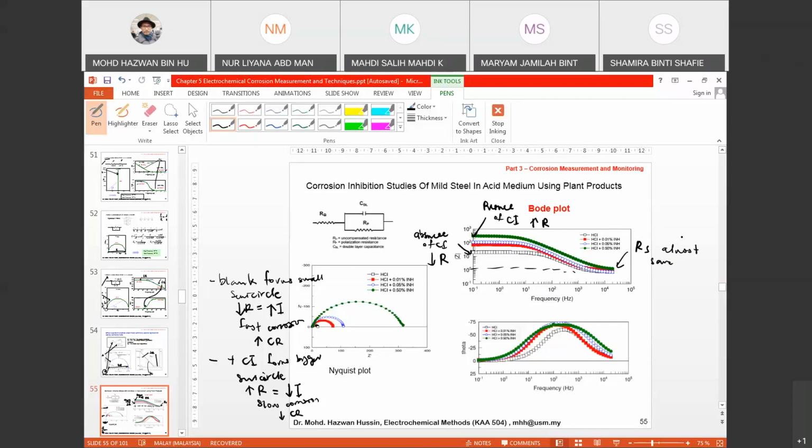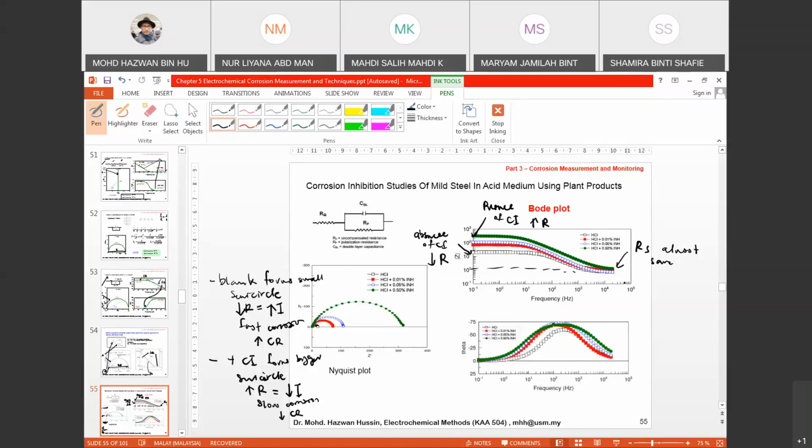For any system, if you use the same electrolyte, for example, over here, the experiment is conducted using HCl, and then the inhibitor with concentration 1 is added to the same concentration of HCl.